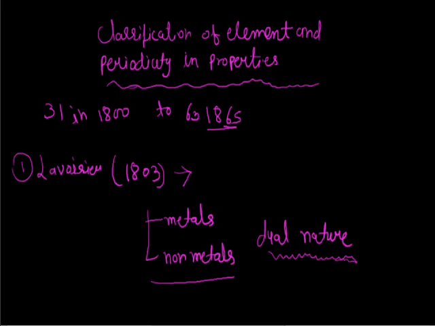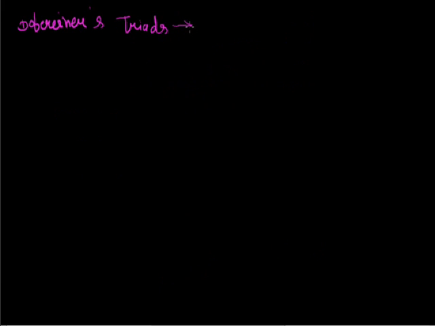Now the second classification is given by Dobereiner. To classify the elements, Dobereiner gave a rule which is called Dobereiner's triads. Dobereiner, a German chemist, gave this rule in 1817.